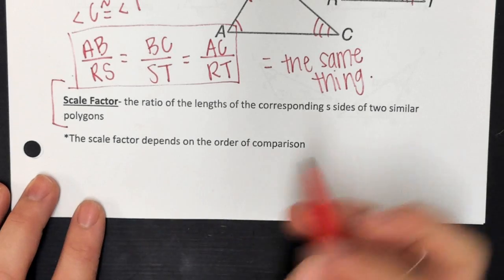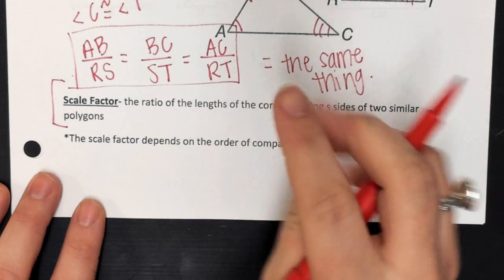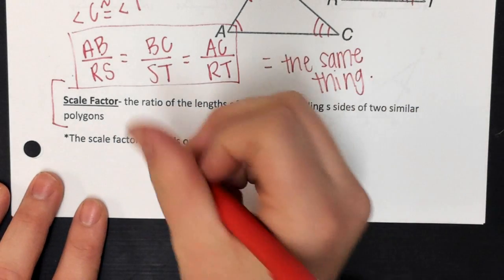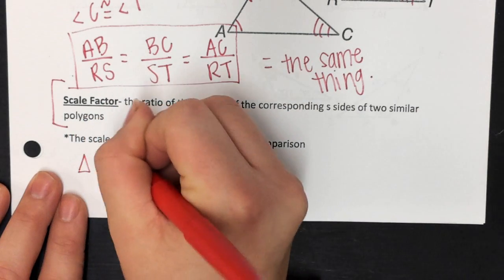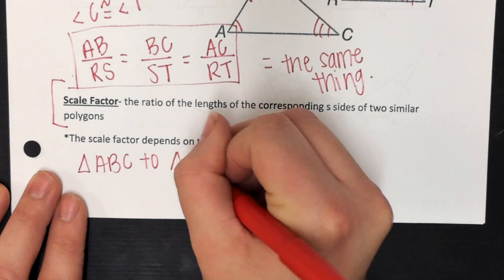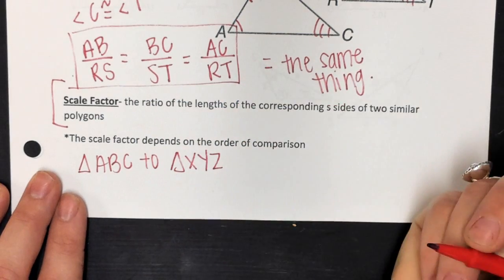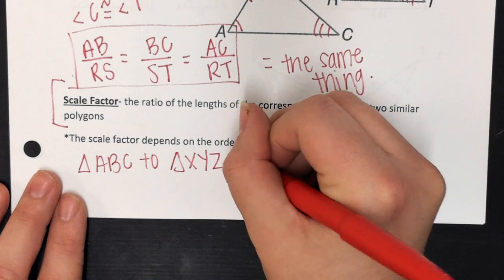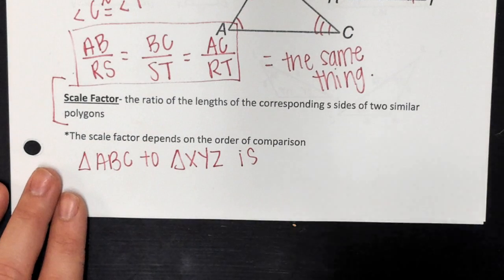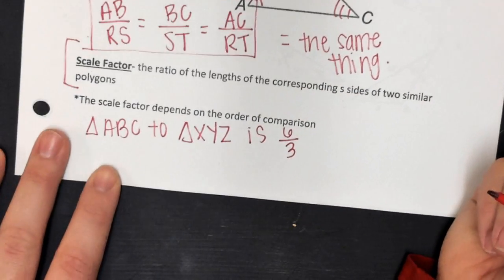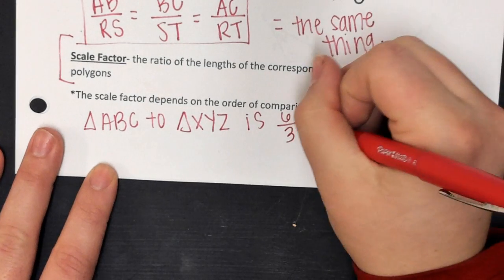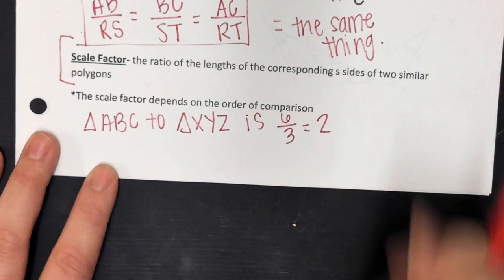For example, if you would have flopped them, so let's just say that I have a scale factor of triangle ABC to triangle XYZ is 6 over 3. What does that reduce to? 2. Okay, so that's my scale factor.